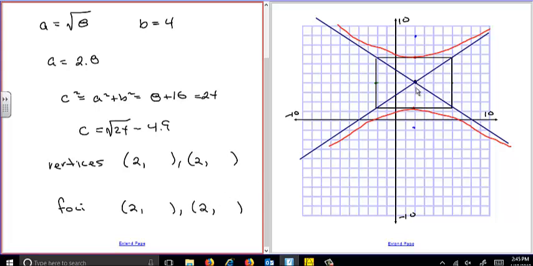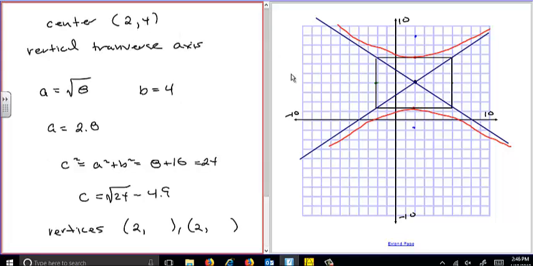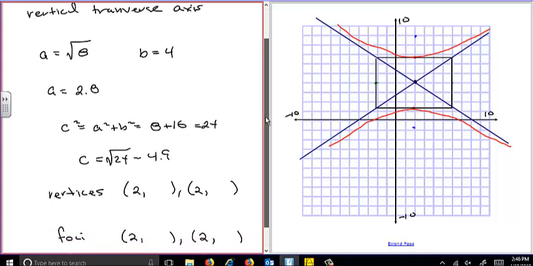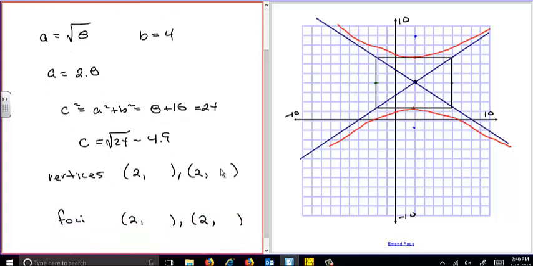Now here we start at 1, 1, 2, 3, 4. That's because the center is at y equals 4. And then we move up another 2.8. So 4 plus 2.8 is 6.8. And 4 minus 2.8 is 1.2. So this is 4 plus 2.8. And this is 4 minus 2.8.